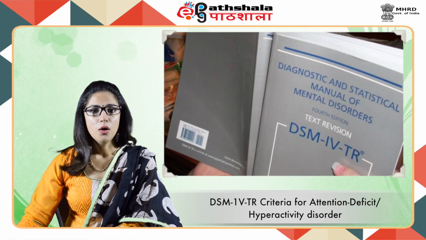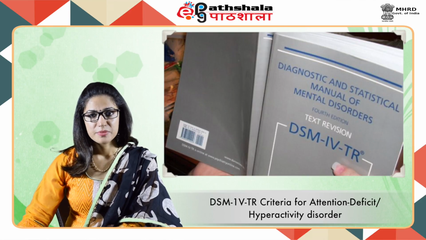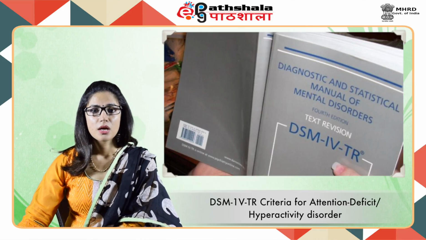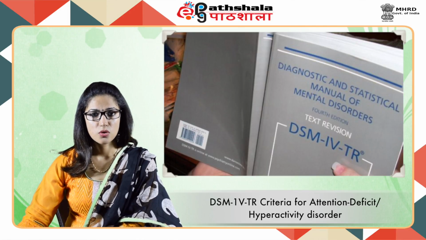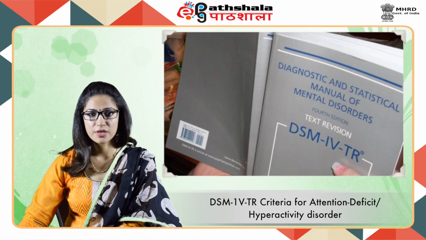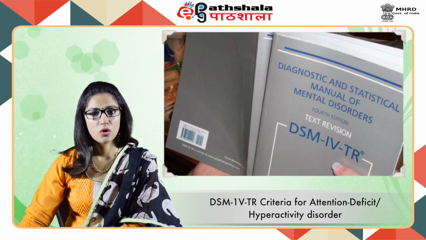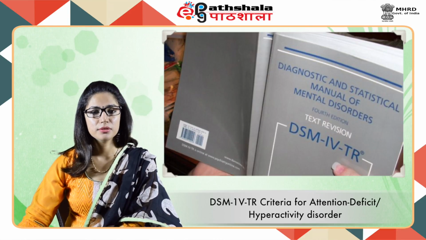C, often runs about or climbs excessively in situations in which it is inappropriate. For example, adolescents or adults may be limited to subjective feelings of restlessness. D, often has difficulty playing or engaging in leisure activities quietly. E, is often on the go or often acts as if driven by a motor. F, often talks excessively.